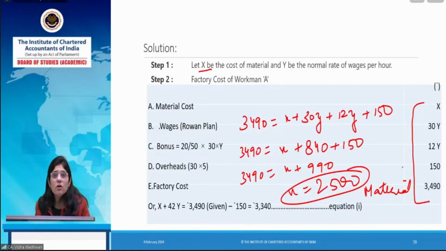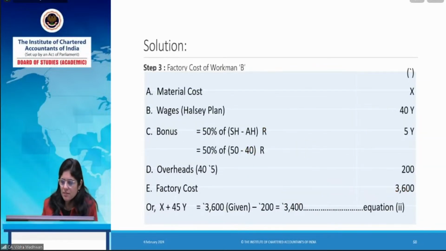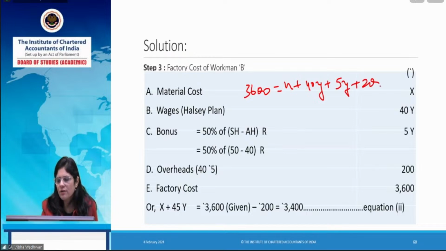And material cost should be the same for workman B also, because they are using the same material. All right. So place the value in equation B also. Yes. So here it is. 3600 for workman B equals X plus 40 is the normal wages plus bonus 5Y plus 200. Clear?